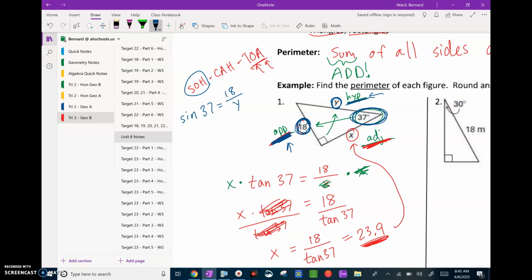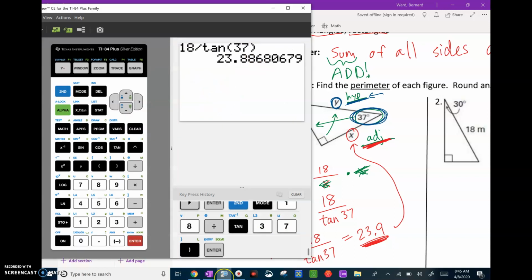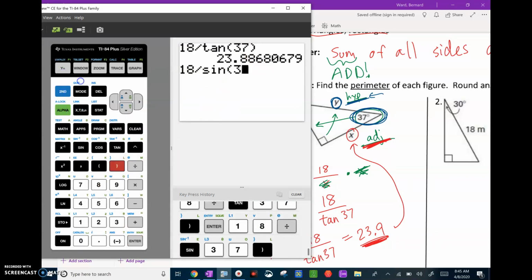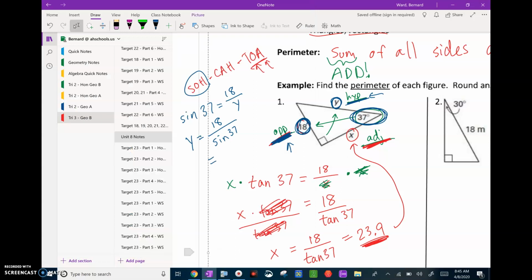So we'll multiply both sides by y, and then we'll divide by the sine. And so y will ultimately be 18 divided by sine of 37. So let's type that into our calculator. 18 divided by sine of 37. We hit enter, and that is 29.9. And again, that's y.